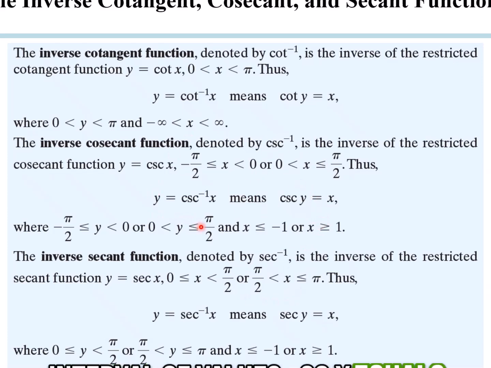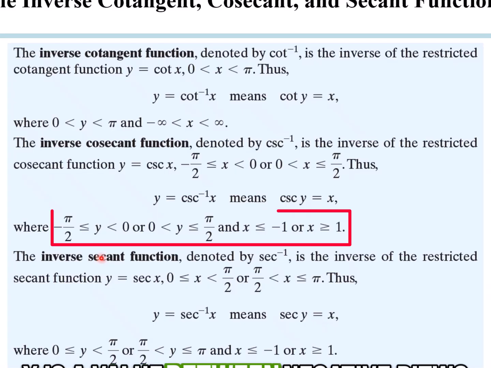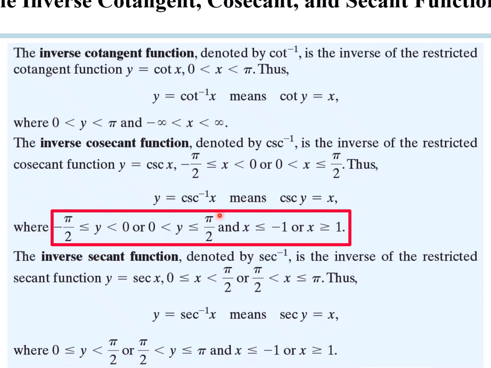So y equals inverse cosecant of x means cosecant of y equals x, where y is a value between -π/2 and 0, or 0 to +π/2, and over here π/2 and -π/2 are included, but 0 is not included.